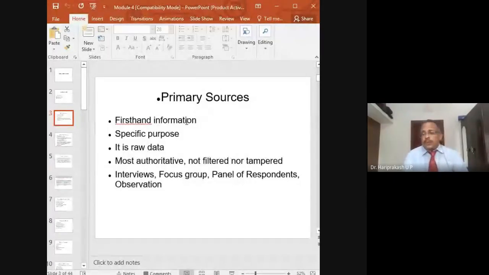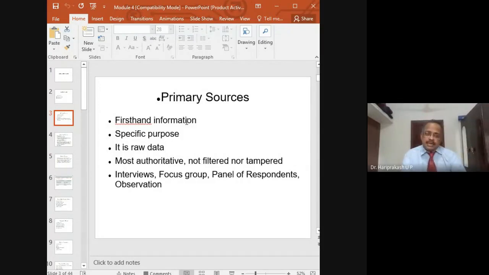You may conduct a survey through questionnaires, or schedules. You may use a schedule as a tool of collection of data. You may do observation. You may conduct some experiments and collect data. All these are different sources of primary data. The data collected through such techniques is called primary data.